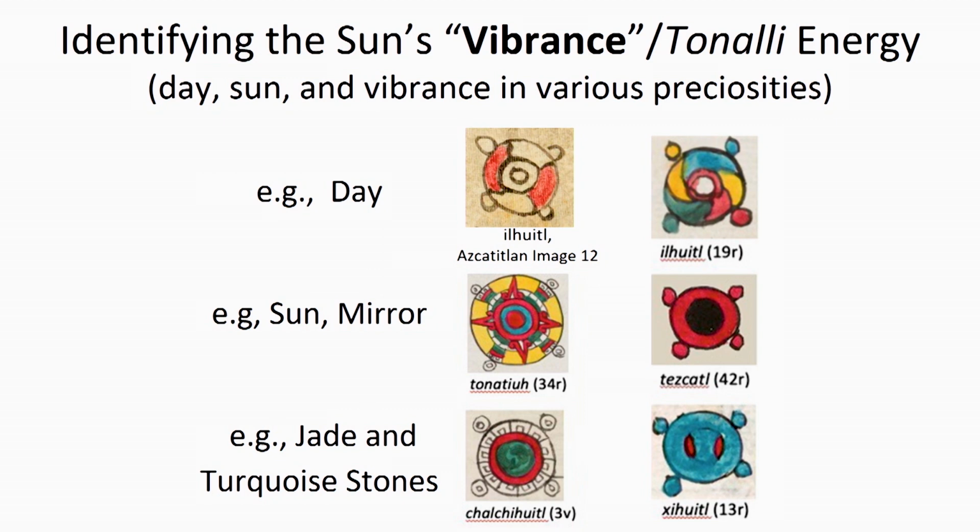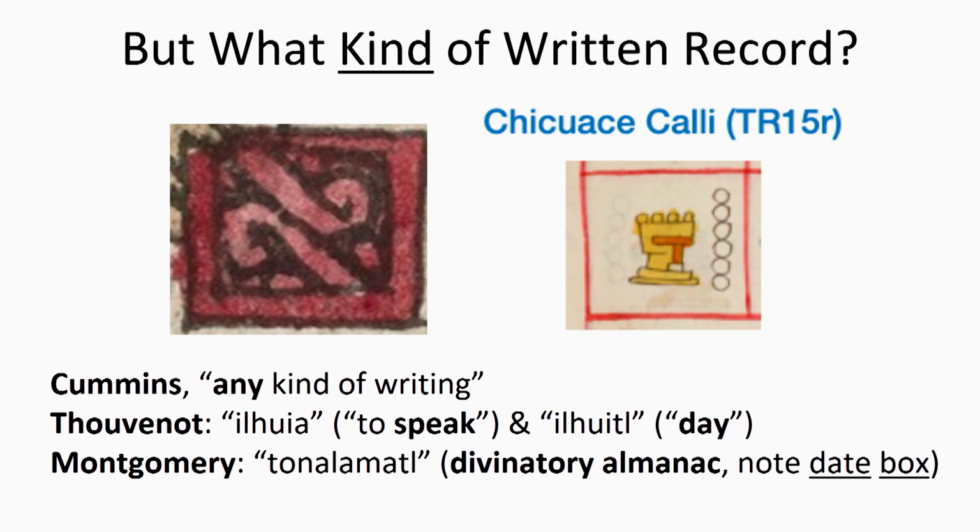And it's solar related as well. So anyway, here are some examples of this sun's vibrance on various precious things like signs for the day, sun, our mirror again, only here with the vibration around the edge, and jade and turquoise and so on. There are many examples. So going back to these speech scrolls that were written down, what kind of written record is this?